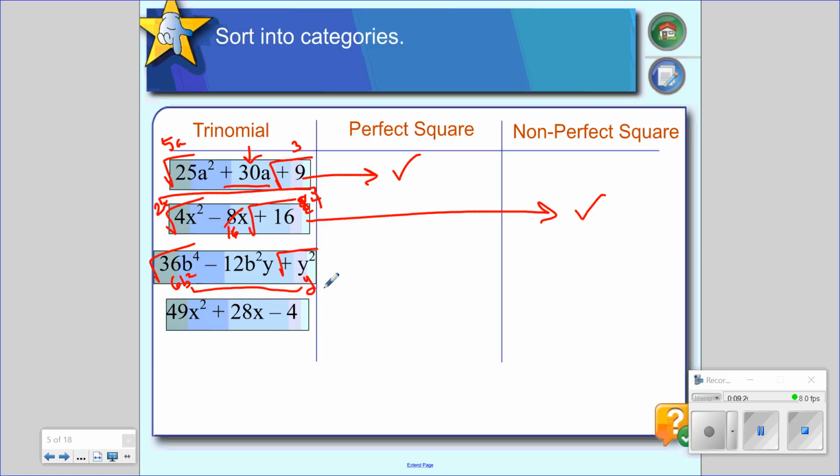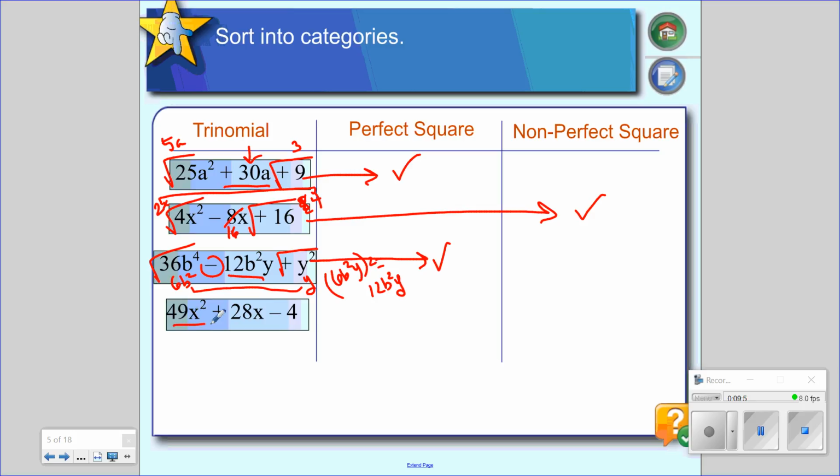So 6b squared times y doubled would be 12b squared y. And that is, in fact, what we have. This middle term sign can be negative, so that's fine. So this is a perfect square trinomial, and you would be able to use the shortcut method to factor it.